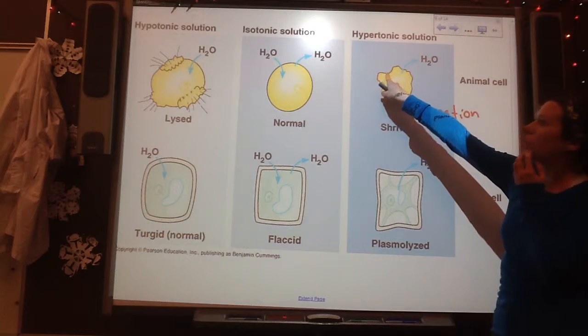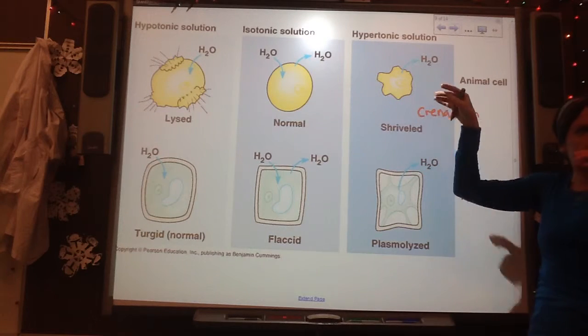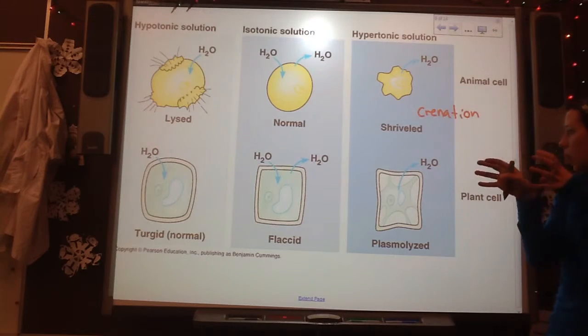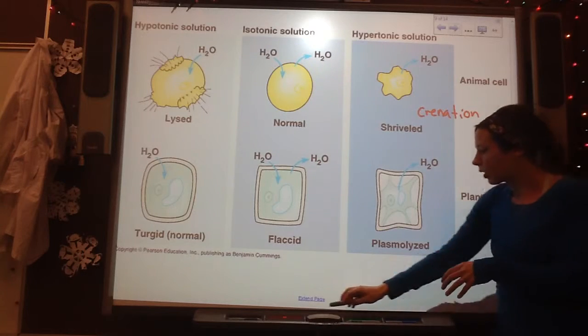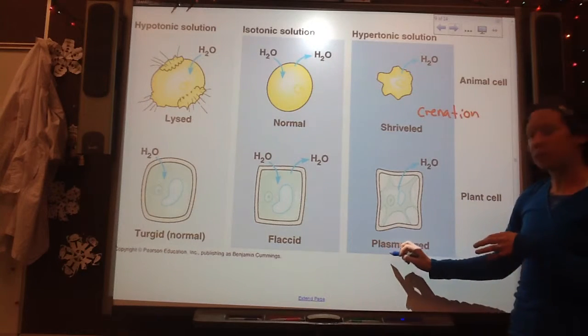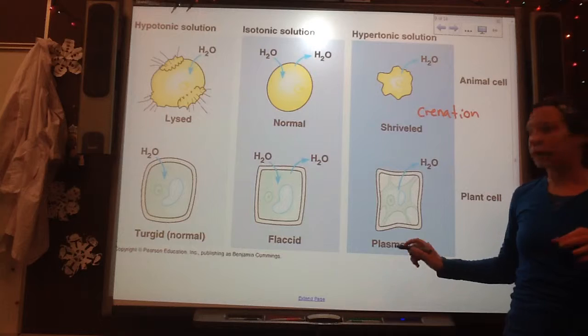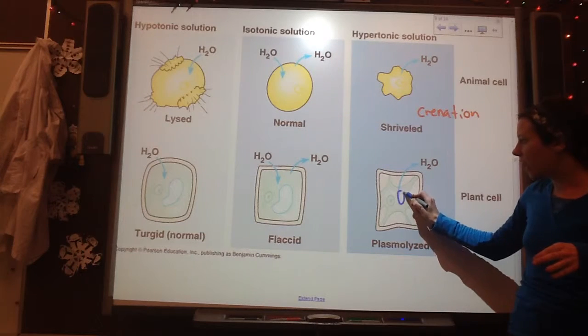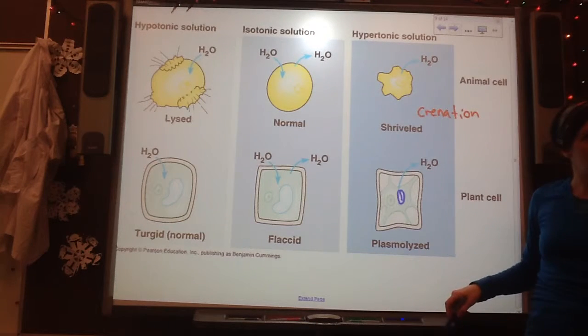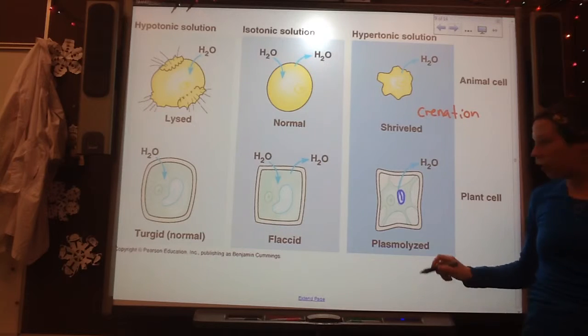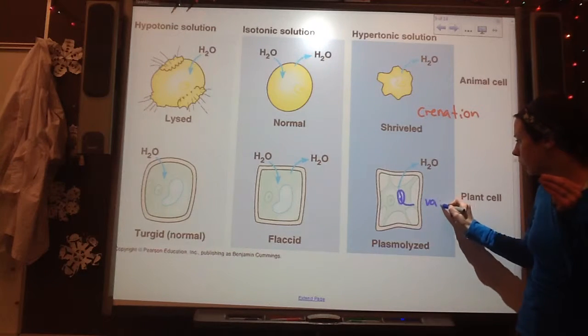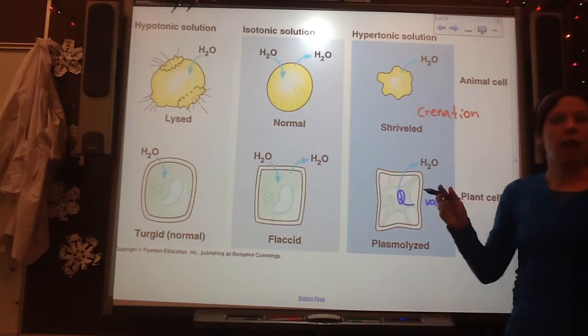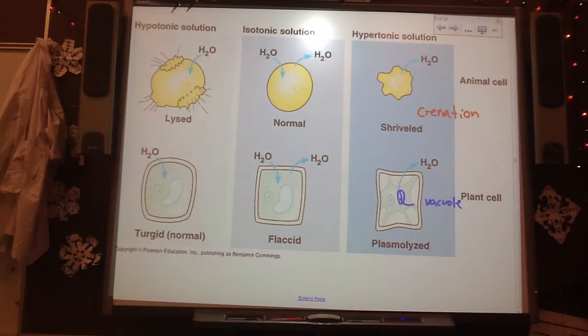Look at how the cell membrane all shrivels. Now look at the plant cell. It's plasmolyzed because it went through plasmolysis. Look at how small the vacuole is. That's the vacuole, all shrunk up, because that was the place where water was stored, and in hypertonic it leaves.